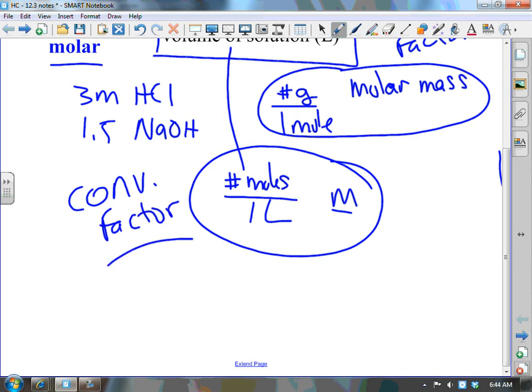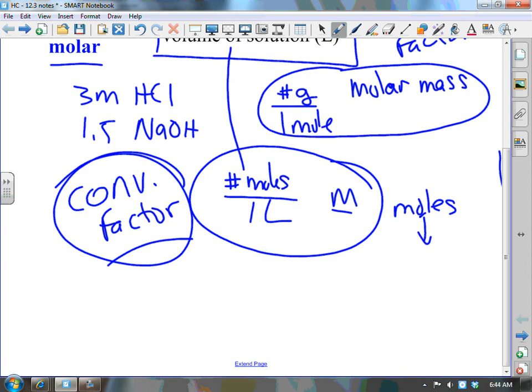The thing that changes here is, what is the value of the molarity? It depends upon what you make it or what's set up in the lab. It is not a set number on the periodic table. Okay? So, say it one more time. It is just another conversion factor that allows us to relate moles back and forth with volume. Okay?